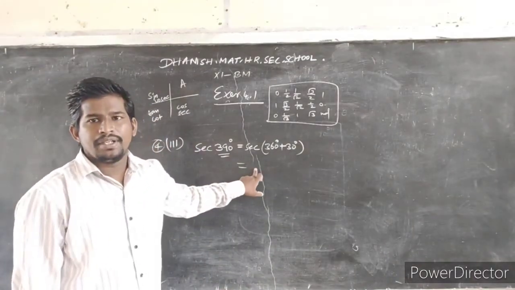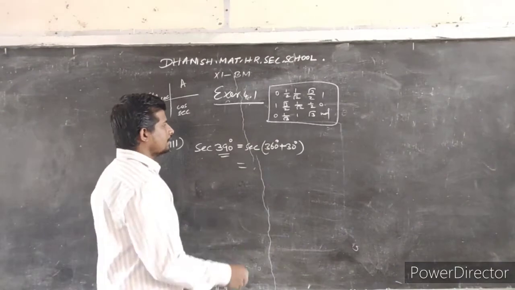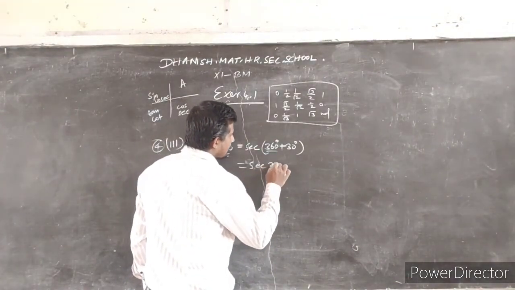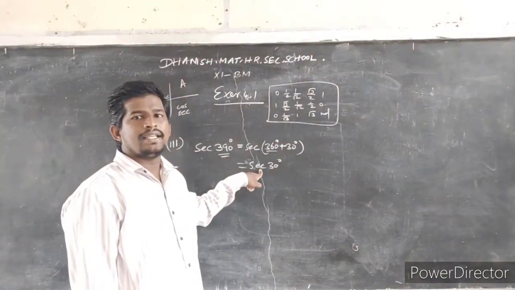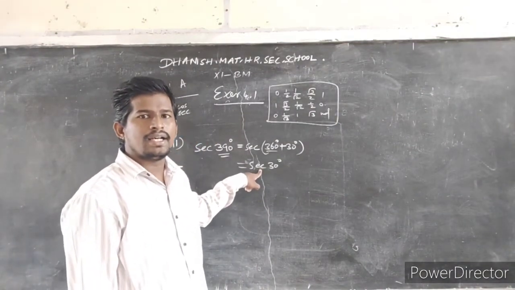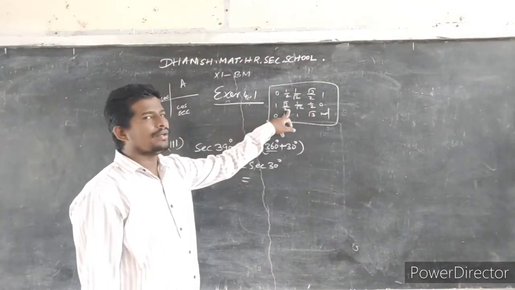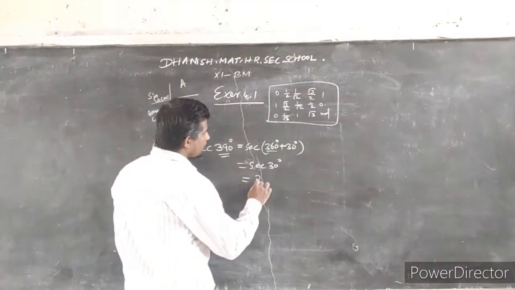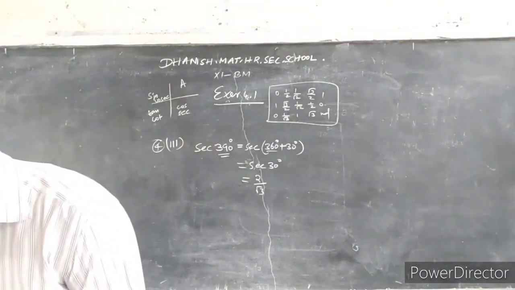The multiple of 360 degree can be dropped out, so here we will omit 360. So secant 30 degree, which is the reciprocal of cos 30 degree. What is cos 30 degree? Root 3 divided by 2. The reciprocal of root 3 by 2 is 2 by root 3, which is the required value.